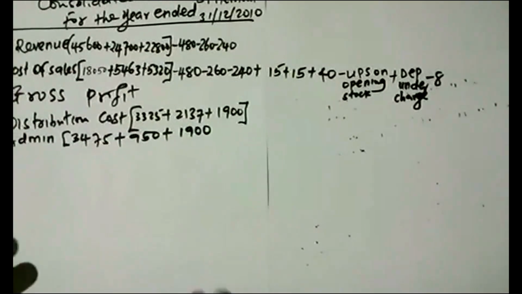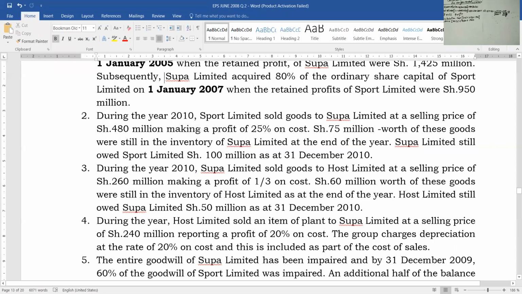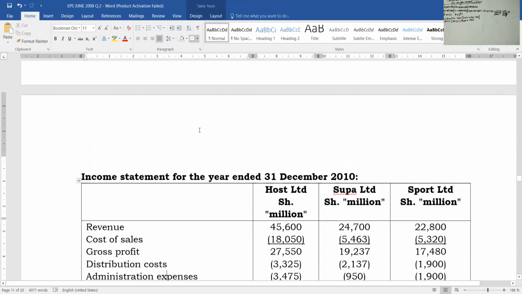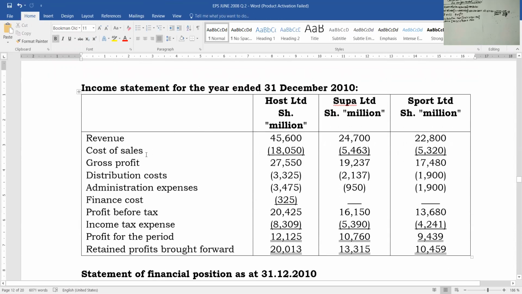Then after that, if you check your income statement, there is a finance cost, which you are given there. But before I talk about finance cost, I have to introduce impairment. I've been taking these items for distribution by just adding directly, parent plus subsidiary plus sub-subsidiary, the same with administration expenses.